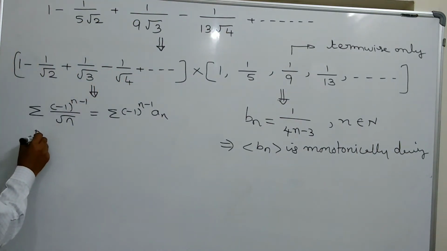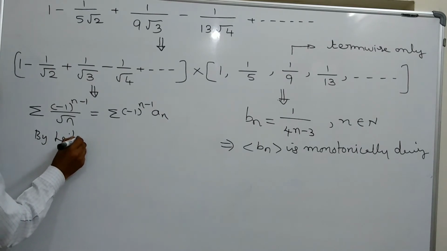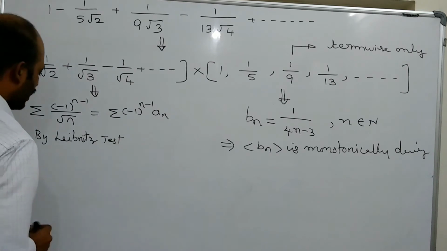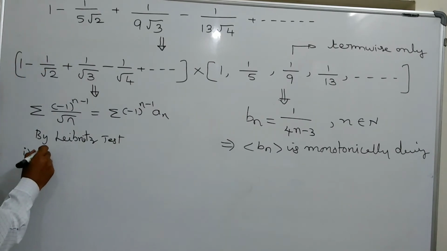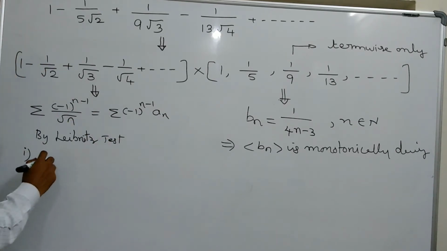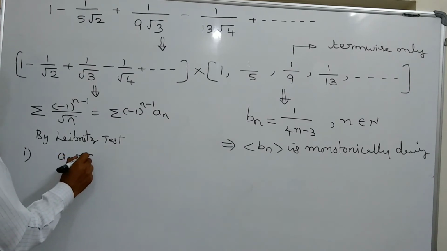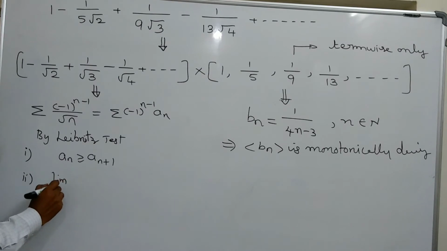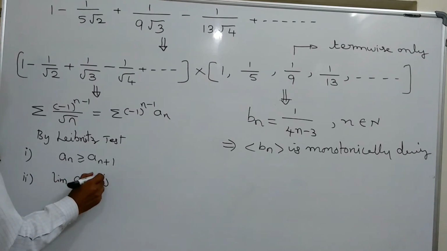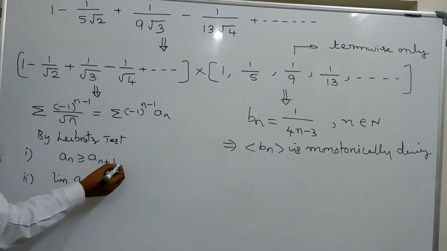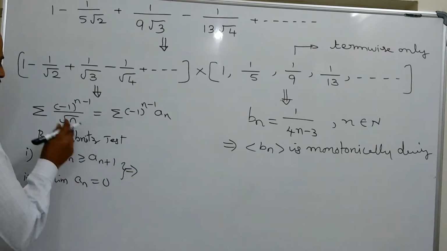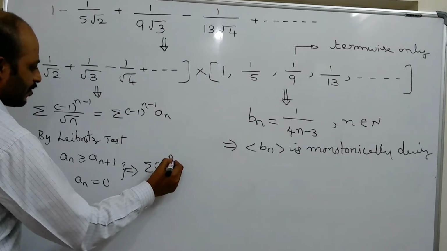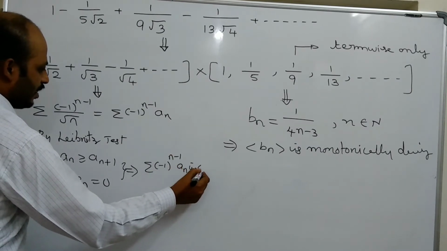So by Leibniz test, we know the Leibniz test. What is Leibniz test? It is decreasing first of all. It means an is greater than or equal to an plus 1, and limit n tends to infinity an is equal to 0. It satisfies both the conditions. By Leibniz test, this series summation (minus 1)^(n minus 1) an is convergent.